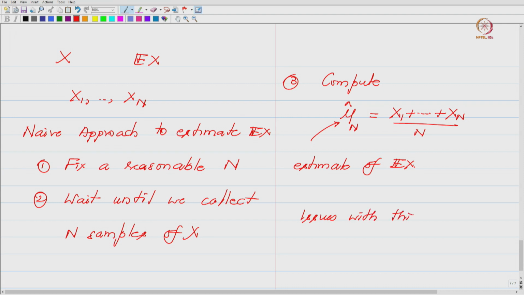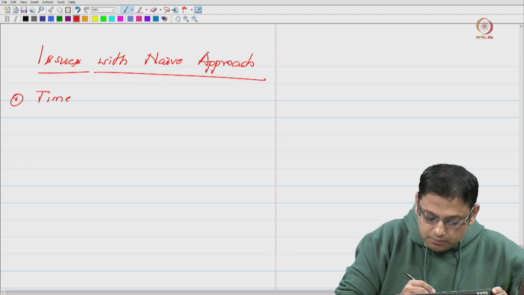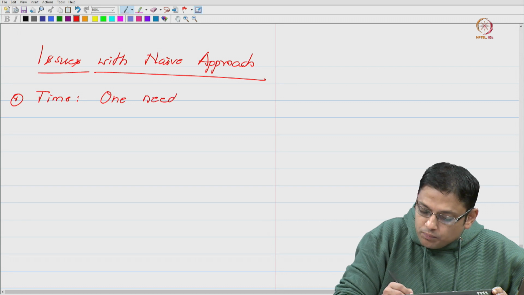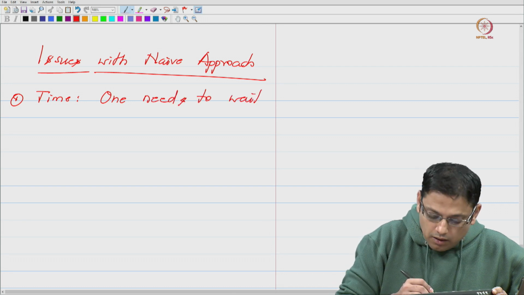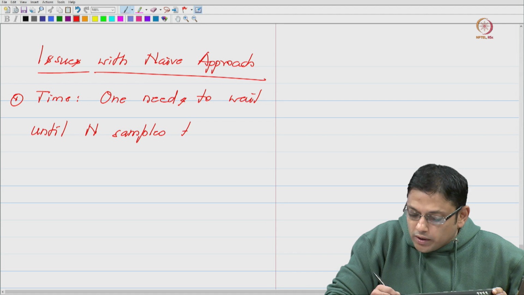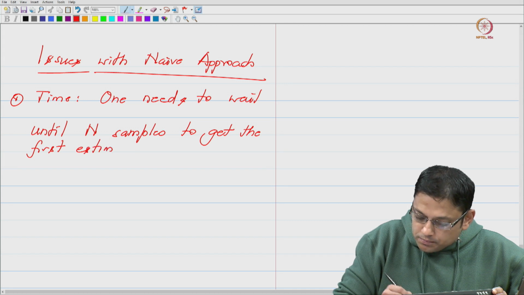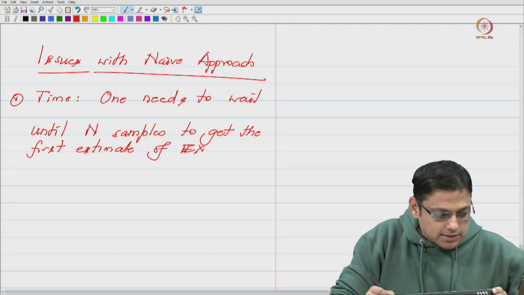So, what do you think are the issues with this approach? One, time: one needs to wait until n samples to get the first estimate of the expected value of x.